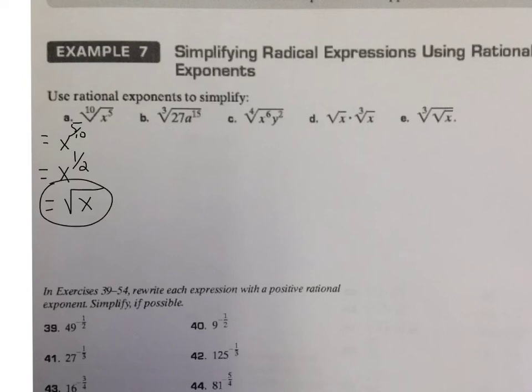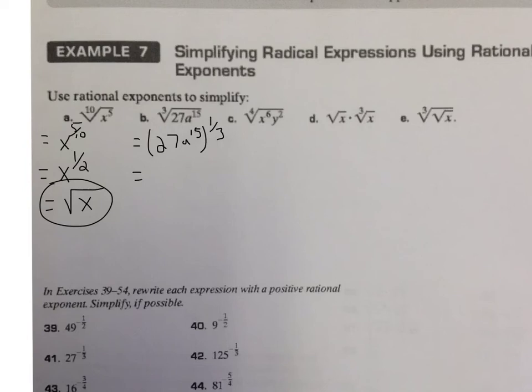For B, we're going to do the same thing. Change it to an expression with rational exponents. So it would be 27 a to the 15th, all raised to the 1/3.